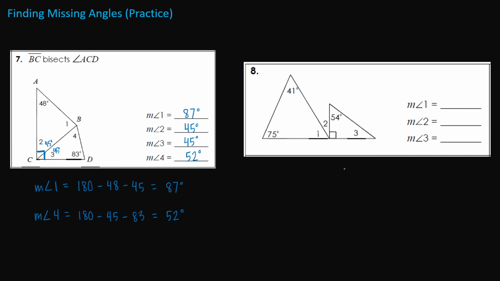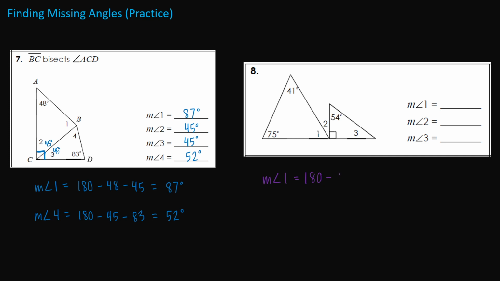What I want to do is use the triangle angle sum theorem to find the measures of angles 1 and 3. This is the easy stuff. This is what I know how to do. I'm not quite sure how to find the measure of angle 2 yet, but we will cross that bridge after we find angles 1 and 3. So to find angle 1, we are going to subtract the given angles from 180 degrees.